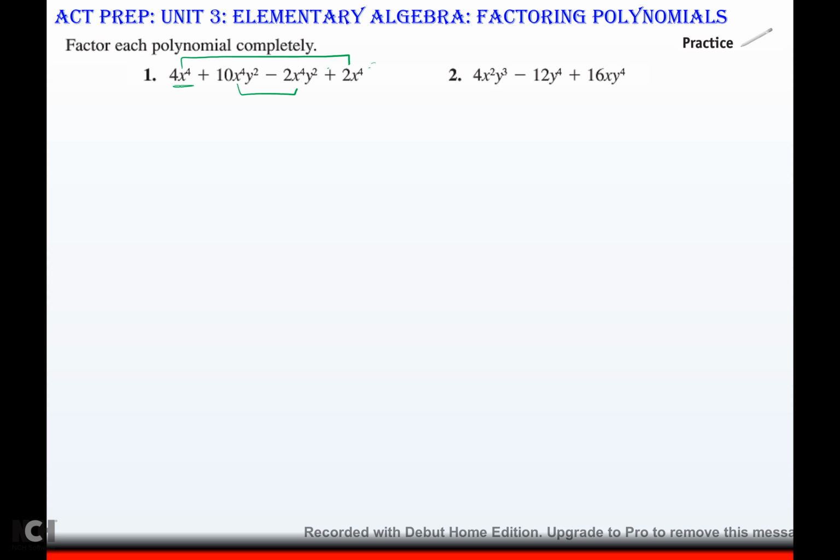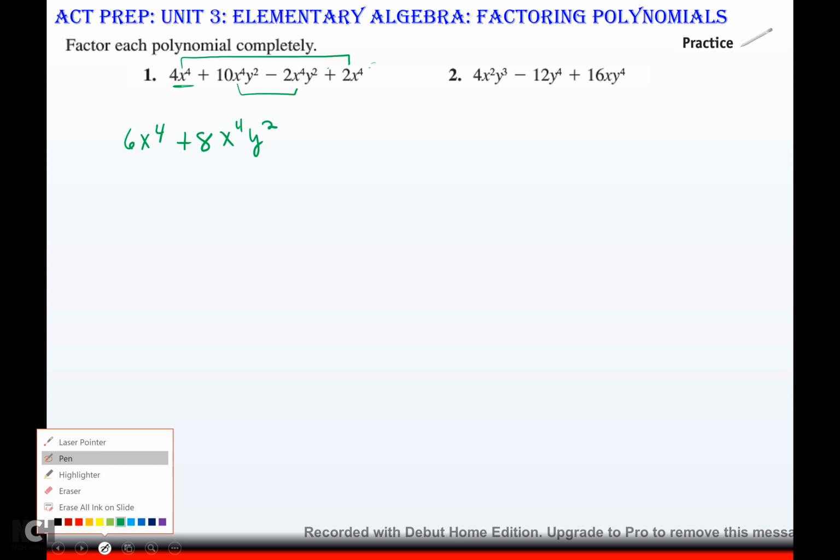So if I do 4x to the fourth and 2x to the fourth, I get 6x to the fourth. And then these match, so 10 of them minus 2 of them would leave 8x to the fourth y squared. So now I have two terms, but they're not difference of squares clearly. So I'm thinking GCF. You always want to start with GCF usually, okay? So let's see, 6 and 8, the biggest number won't be 6. You always check with 6, then start going down. 5, no. 4, no. 3, no. 2. 2 is the biggest number.